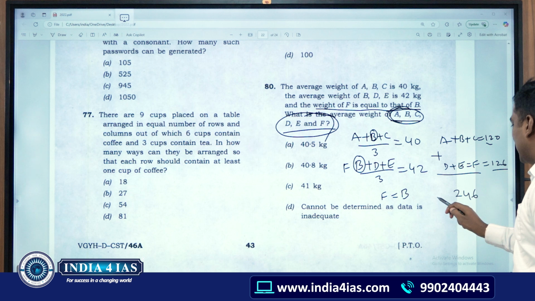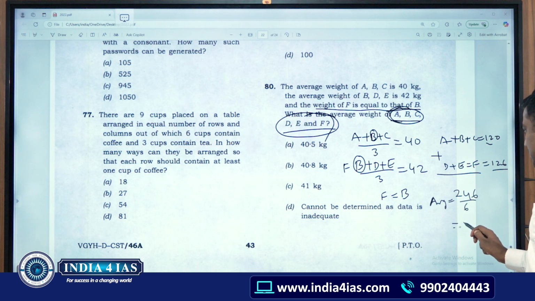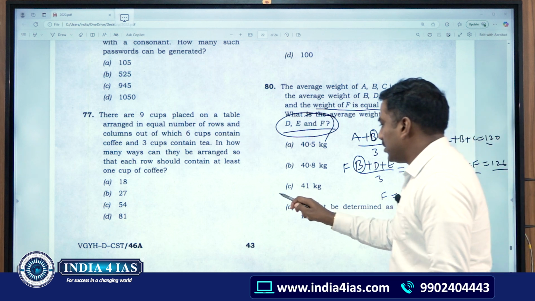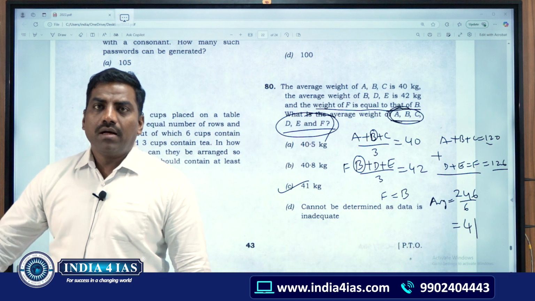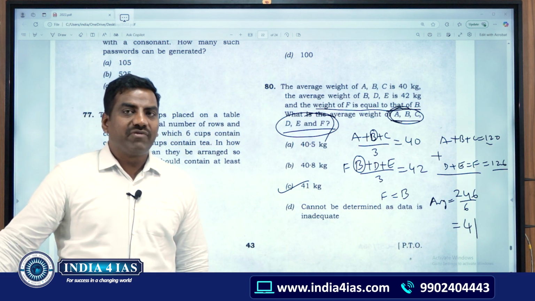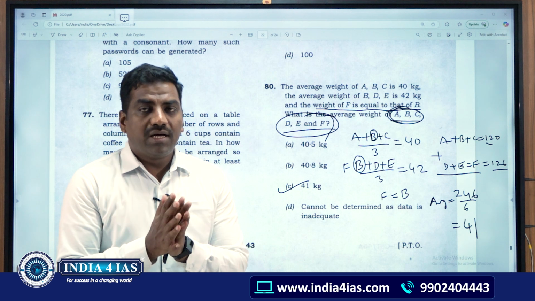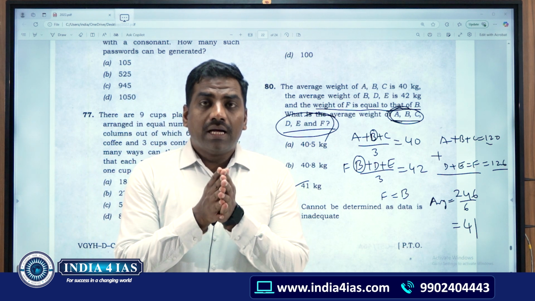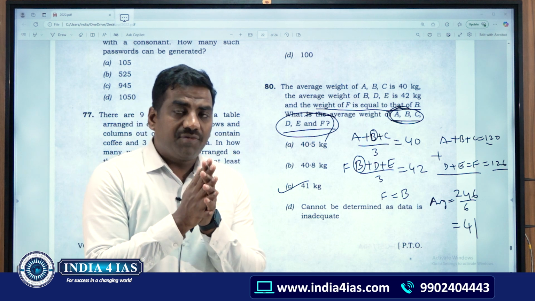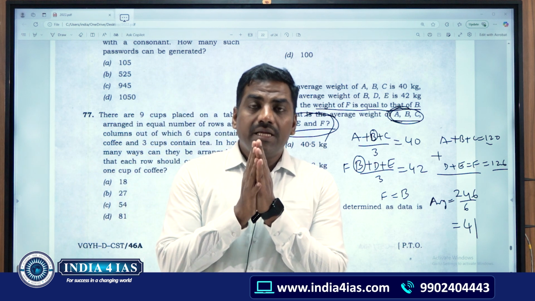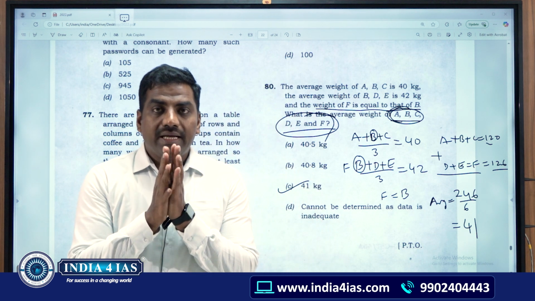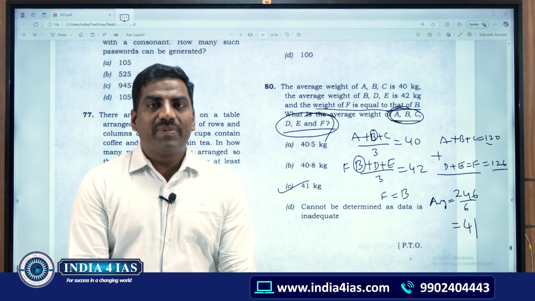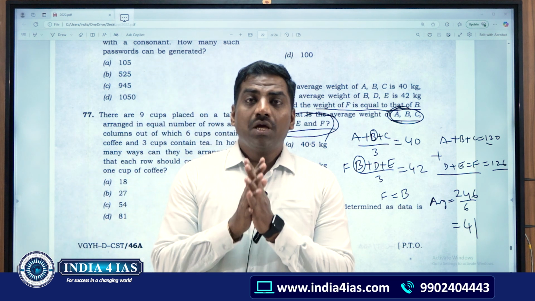If you want their average, this should be divided by 6, so that is equal to 41. So this is like equations. First you have to solve the equations, then you have to get the value of A plus B plus C, then D plus E plus F. Total is equal to 246. If you divide that by 6, the average is 41.